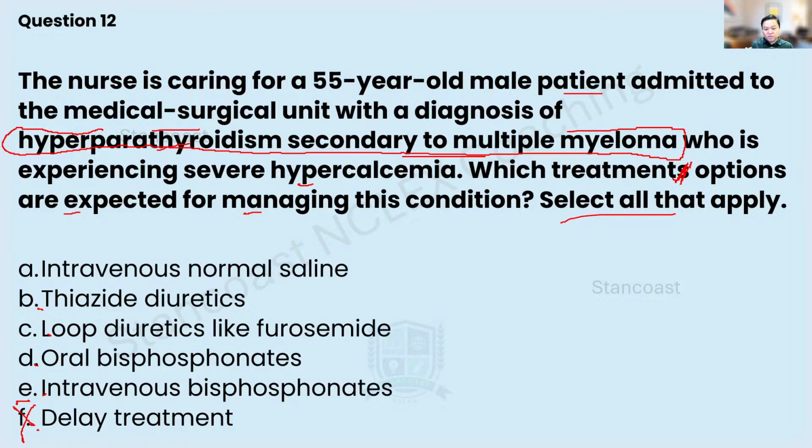We are going to temporarily treat the elevated calcium level. Remember about the action of biphosphonates. So what do you think about the biphosphonates here? Do you recall those examples of the biphosphonate medication? What do you think about, and do you remember any examples of those medications?